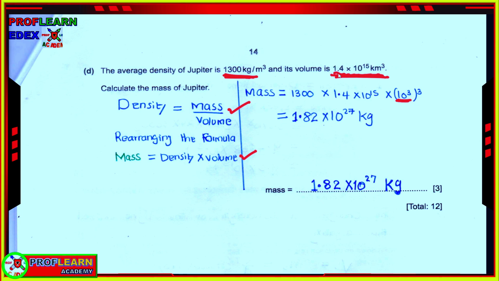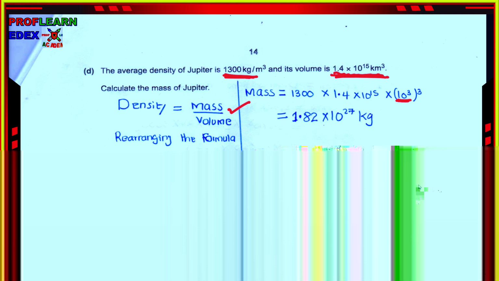So the process I'm doing here is to convert this volume to meter cubed so that I can use it. If I work it out, I'm going to get my mass to be 1.82 times 10 raised to power 27 kilogram. And by transferring this answer here, you are going to make the examiner happy, and you're going to get your 3 whooping marks.